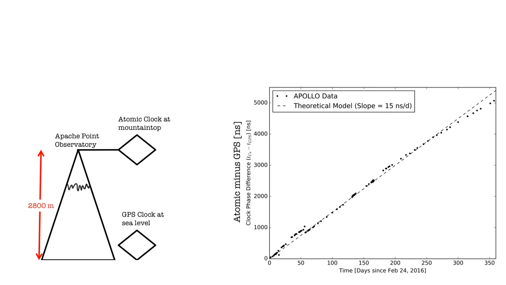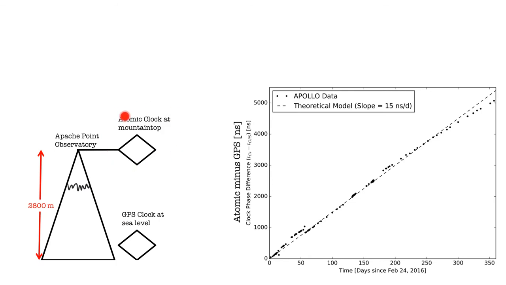Although the GPS clock is located at the mountaintop, the GPS clock, so the global positioning system, that GPS clock is dictated to run at a rate as if it were at sea level, or something that's close to sea level. So although we have two clocks side by side with each other on the top of a mountain, one of them, the GPS clock, behaves as if it were at sea level.